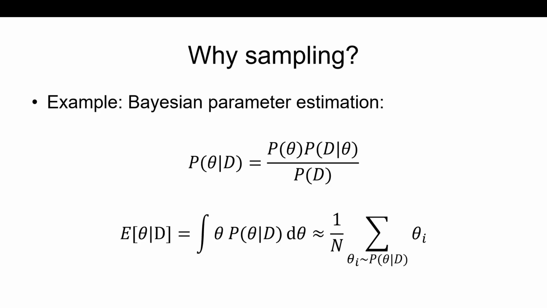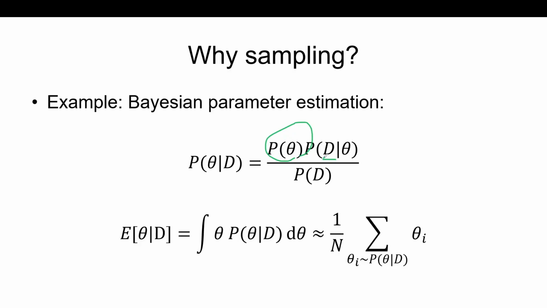Before we dive into inverse transform sampling, we need to understand why we need sampling in the first place. Here I give an example of Bayesian parameter estimation. Suppose we have a model with the parameter theta, and we are given some data d. Theta refers to the probability for a machine learning model, for example.